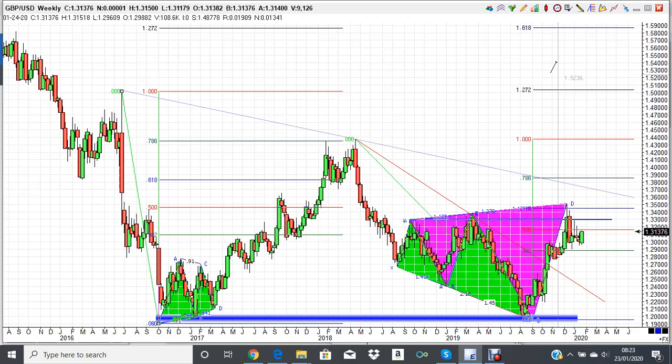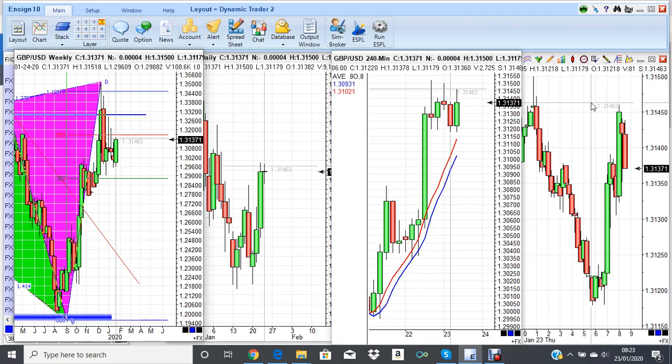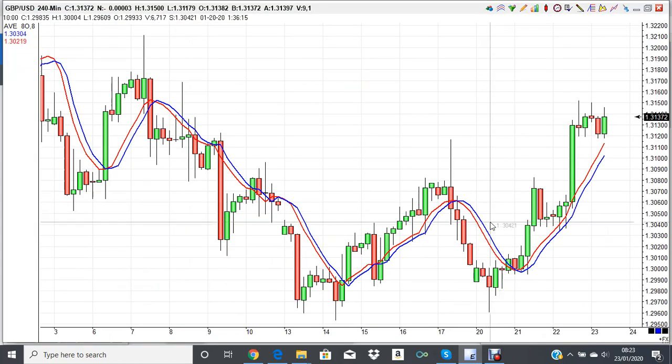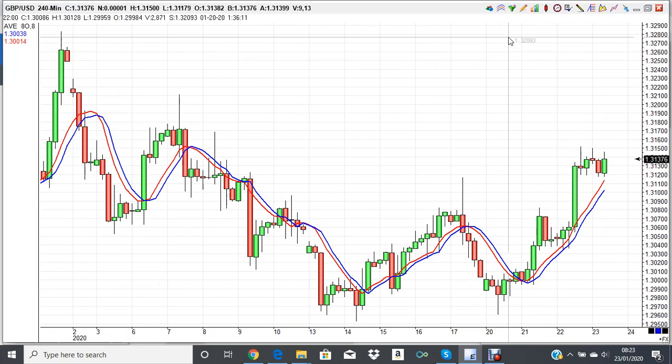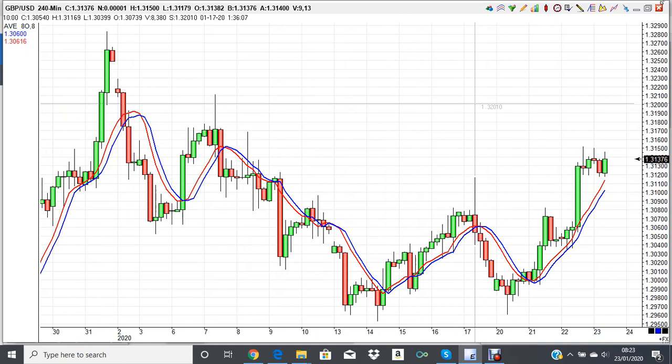If you just zoom in a little bit and see where we are right now, come down to a 4-hour chart. You can see what we've done right now. This is the last swing high that we made.